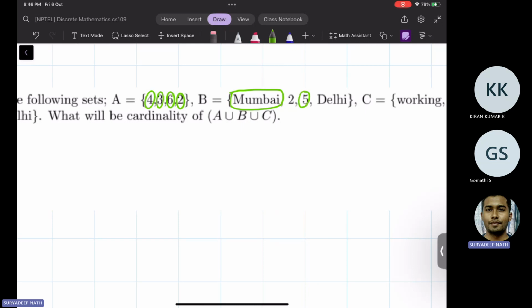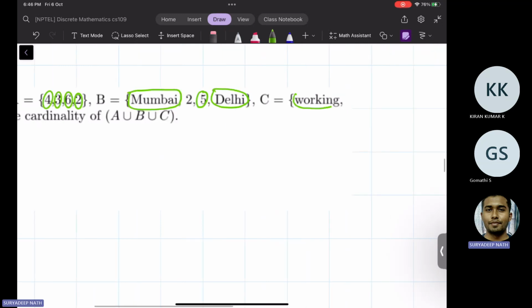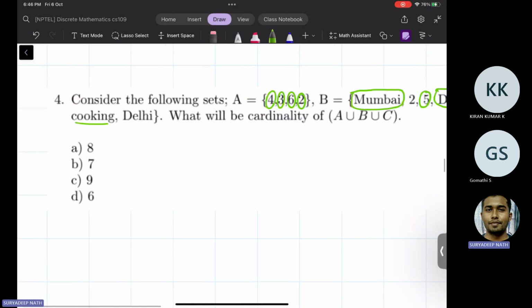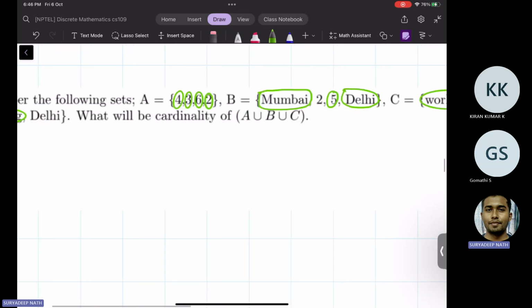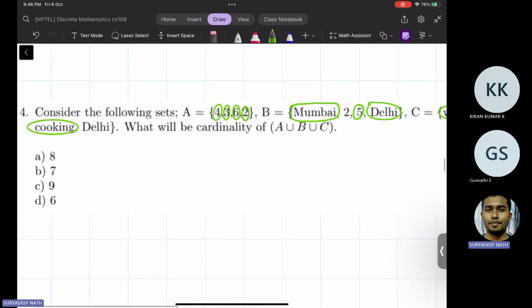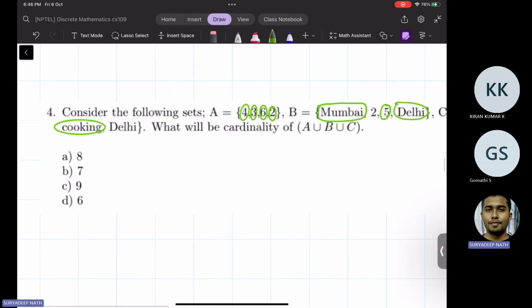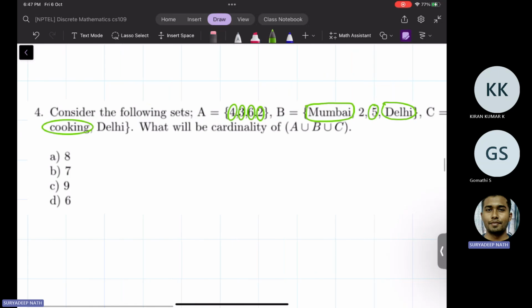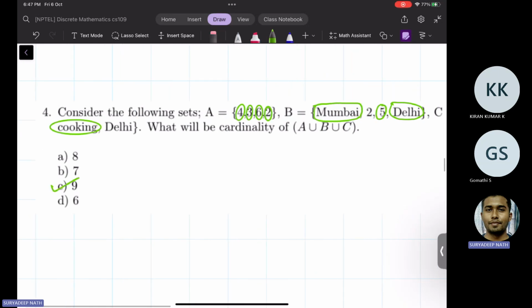Next 5 is selected, Delhi is selected, working is selected, cooking is selected, and Delhi is not selected because it was already selected when we were considering set B. So the cardinality is the number of elements in this, which turns out to be 4, 3, 7 to 9. Yes, 9. So the right answer for this question is option C, 9.